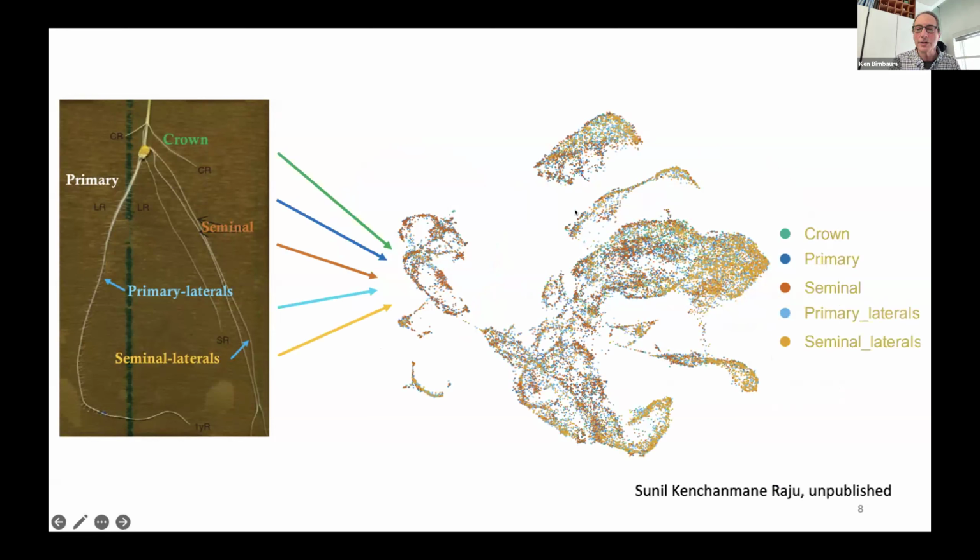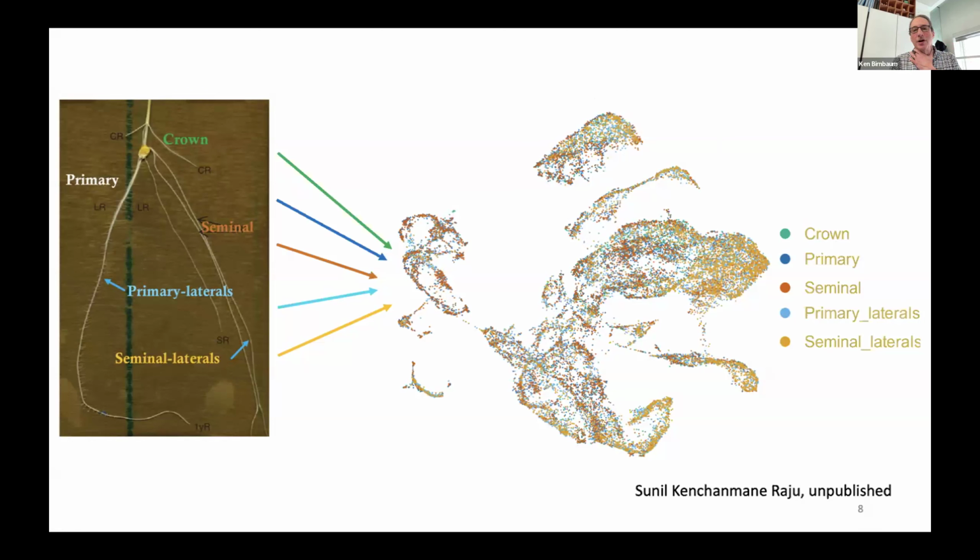And what you'll notice here in the integration is that these pretty easily integrate together, where the cells in this particular cluster come from all the different kinds of roots, meaning that it's the same cell type, whether it comes from crown, primary, seminal, or lateral roots.